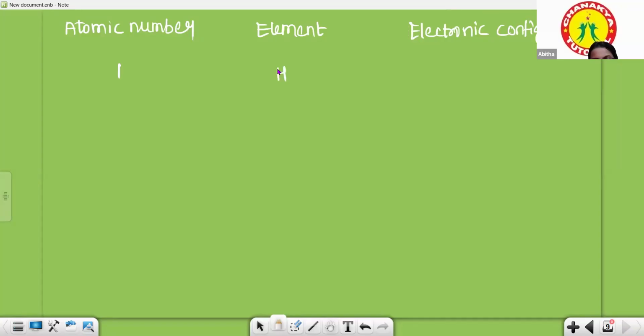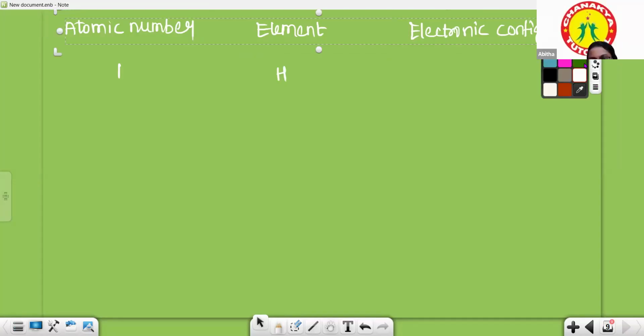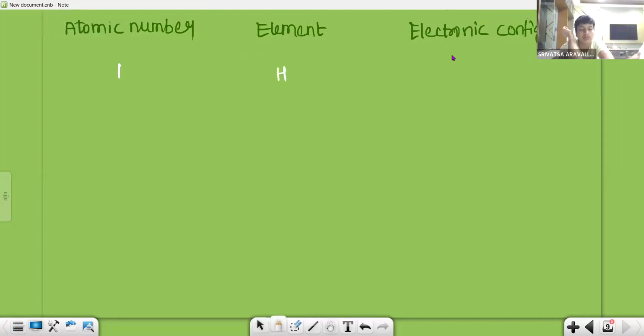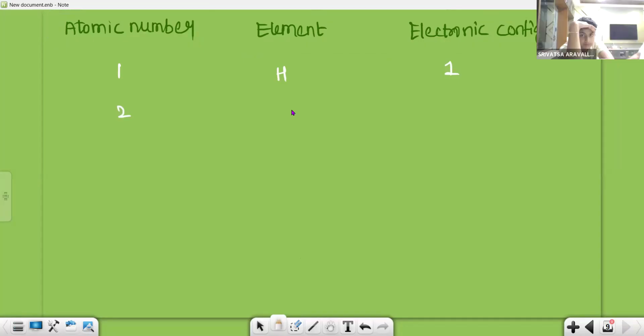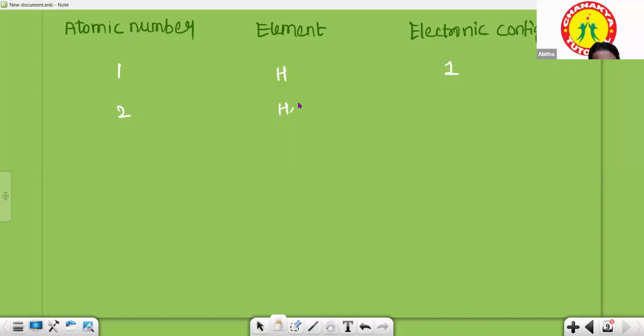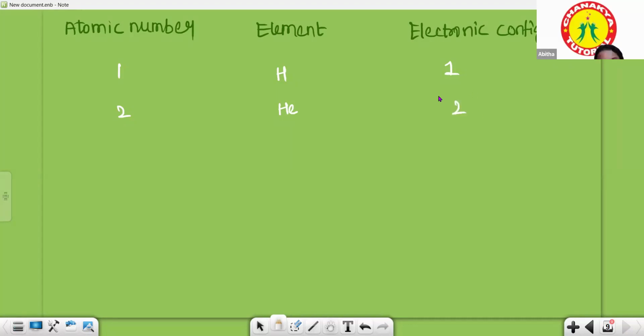How many electrons is hydrogen having? One. Very good. Now, if atomic number is 2, the element is He. How many electrons is it having? Two only.